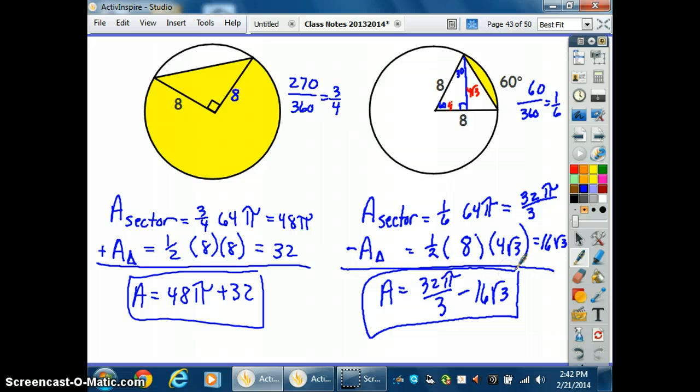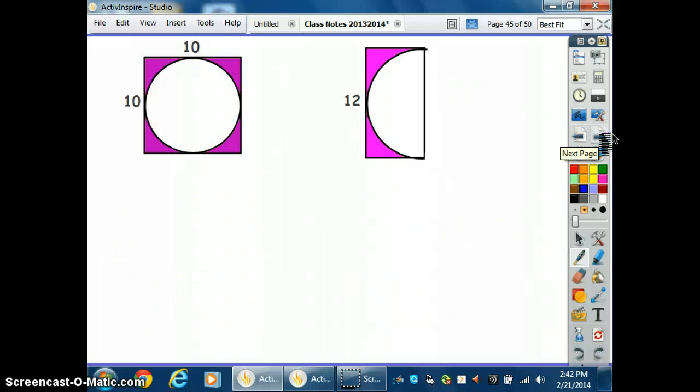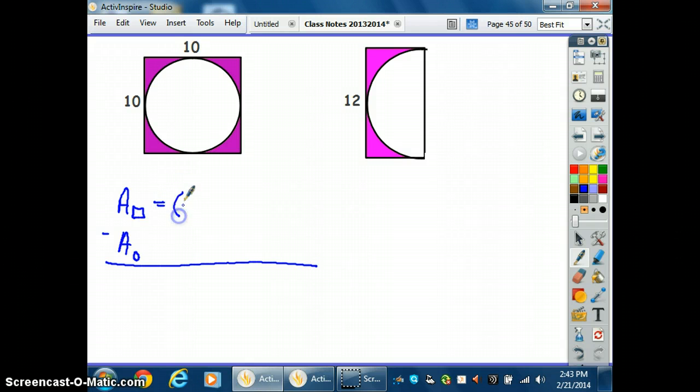Okay, the next page. Here we have a circle inscribed in a square. Okay, so if I take the area of the square and I subtract the area of the circle, I will get the answer. The area of the square, 10 times 10, right?